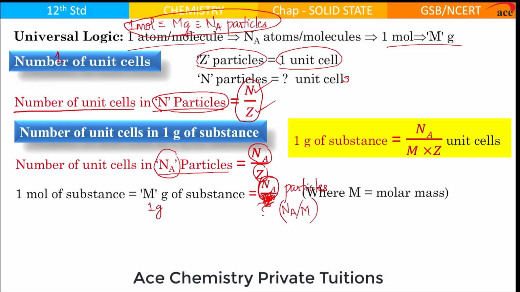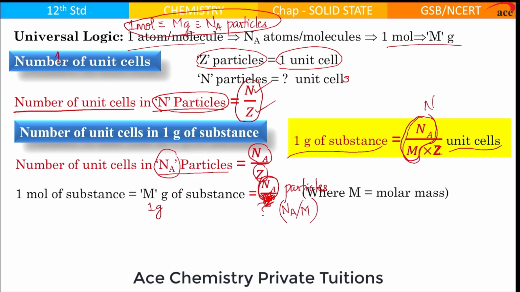Now, Na/M is the number of particles, that is n, so 1 gram of the substance will have how many unit cells? Number of particles divided by Z is number of unit cells.